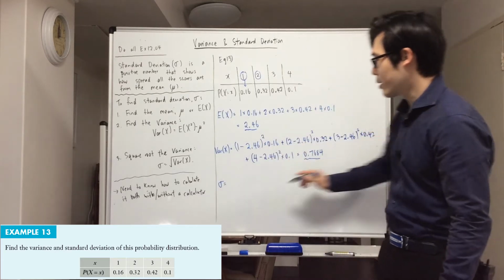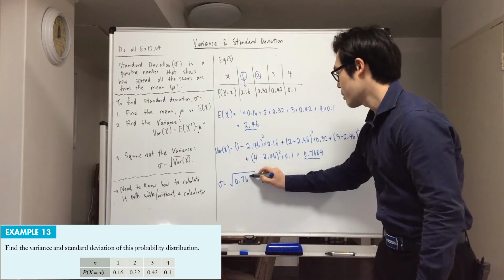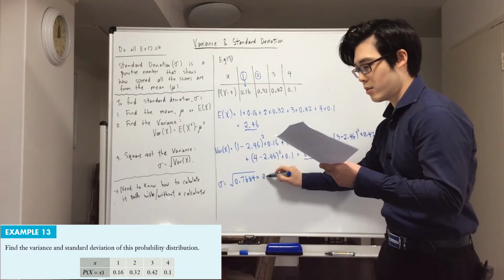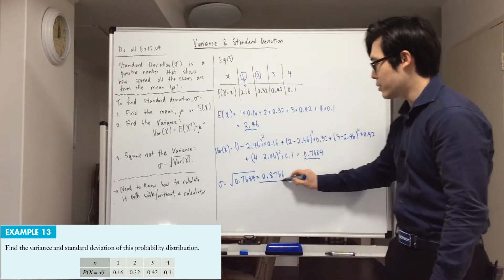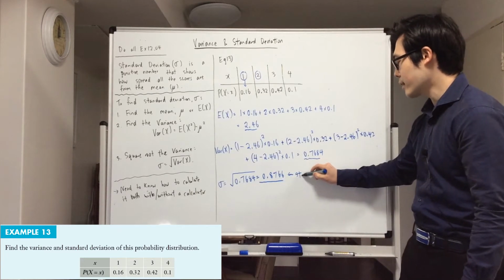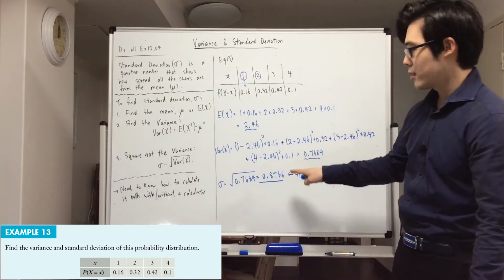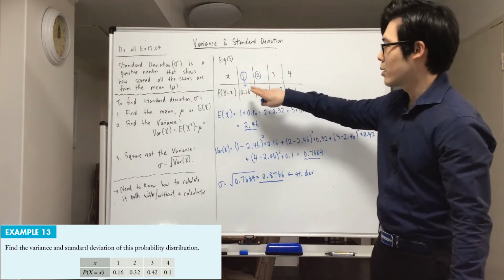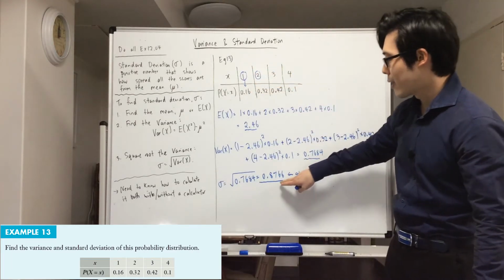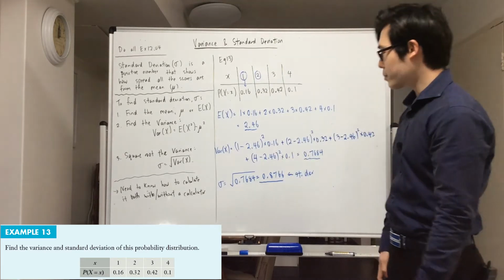Because we squared it, all you need to do with the variance is square root your variance number. If you do that, you're going to get 0.8766. That's your standard deviation. So what that means is, on average, all of these scores with the assigned probabilities are that much off from the mean. That's what that number is.